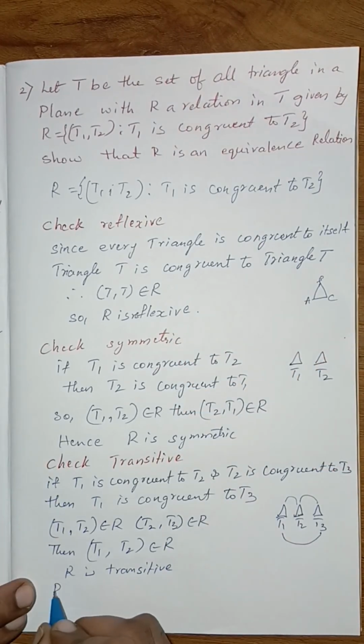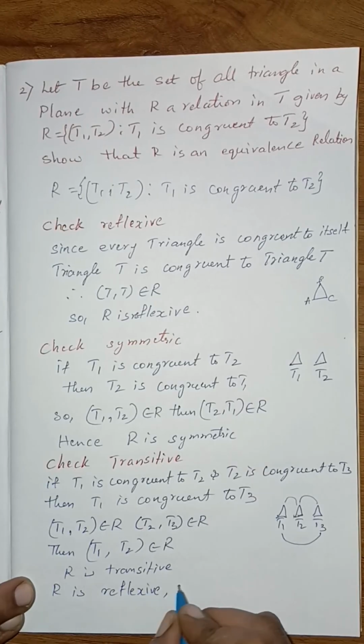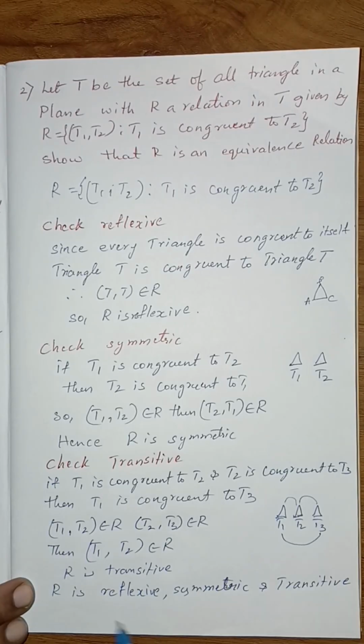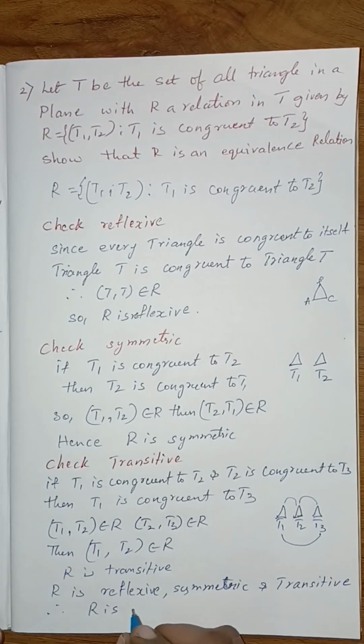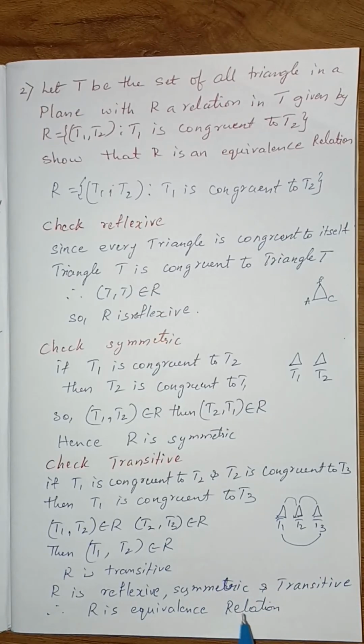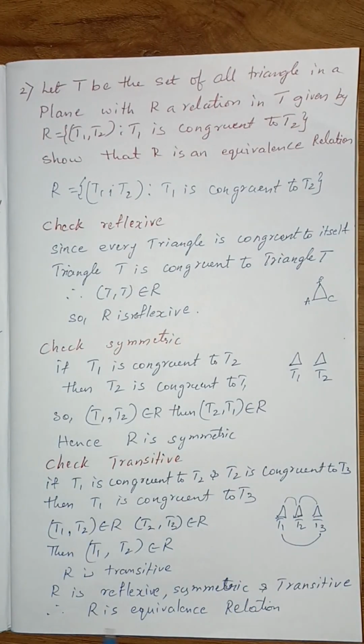So R is reflexive, symmetric and transitive. Therefore R is an equivalence relation. So we have proved that R is an equivalence relation because it has satisfied reflexive, symmetric and transitive. So it is called an equivalence relation.